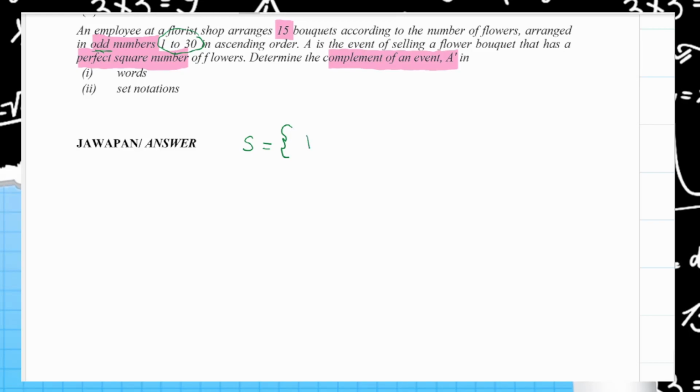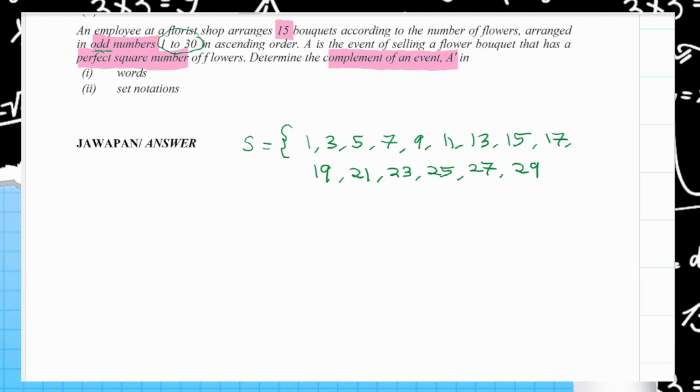So we have 1, 3, 5, 7, 9, 11, 13, 15, 17, 19, 21, 23, 25, 27, and 29. Remember the limit is from 1 to 30 only. So this is our sample space.